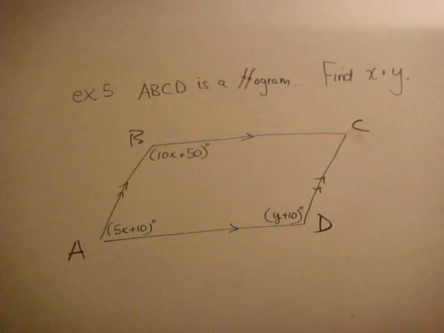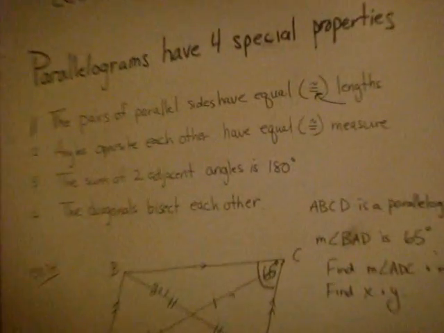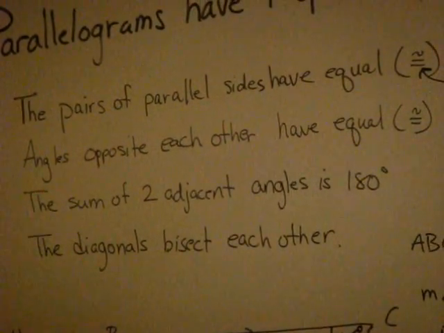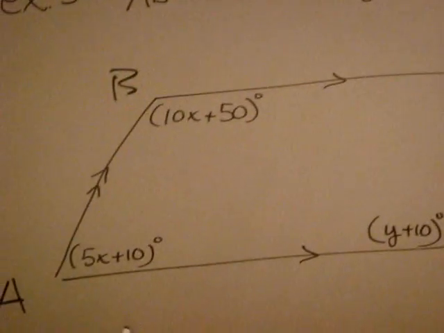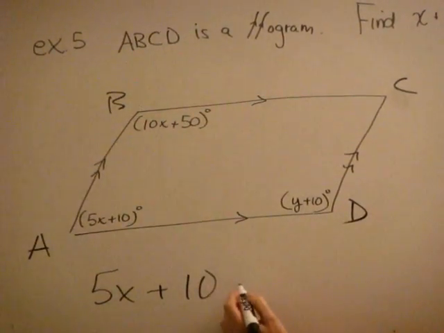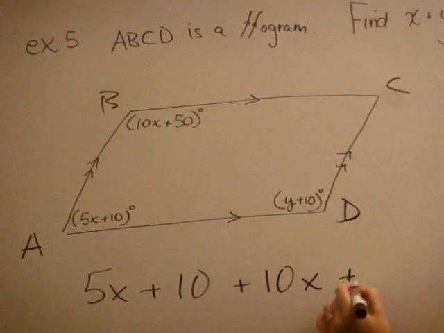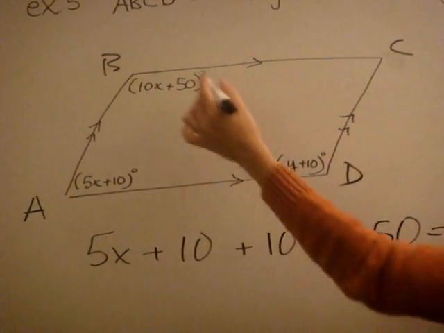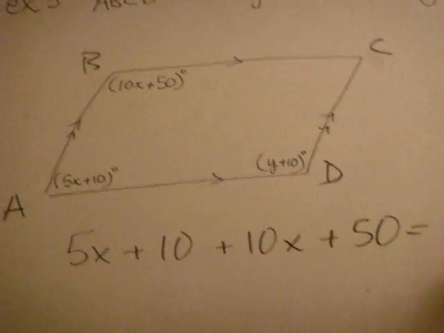And on our special property of parallelograms, it says that the adjacent angles, A plus B equals 180. So I'm just going to take 5x plus 10. I'm going to add it to angle B, which is 10x plus 50. And I know that these 2 add up to 180.